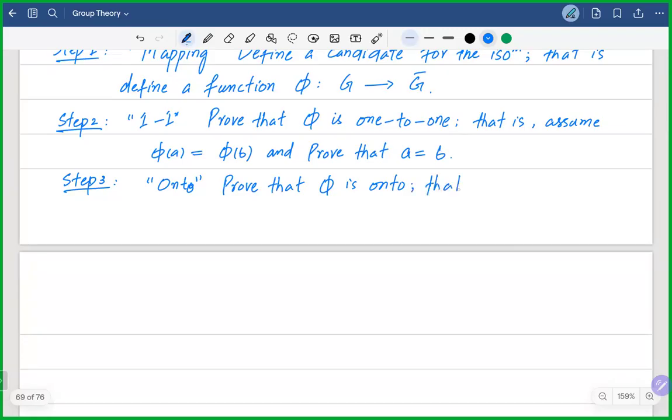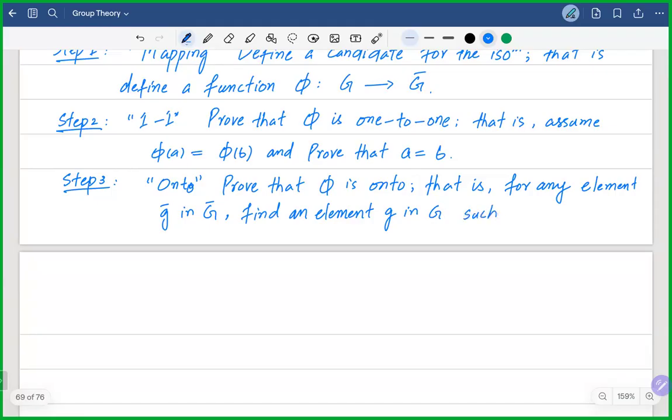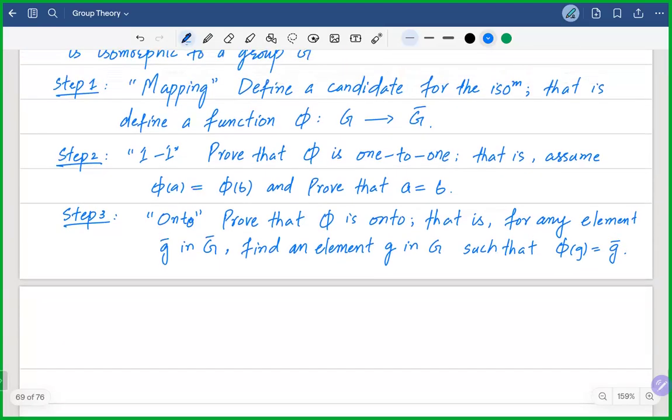That is, for any element g bar in G bar, small g bar in capital G bar, find an element g in capital G such that phi of g is equal to g bar. That is the step 3.